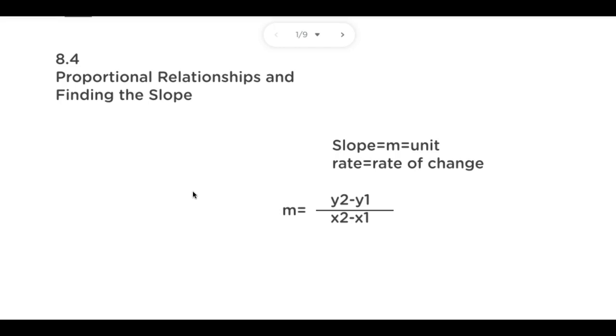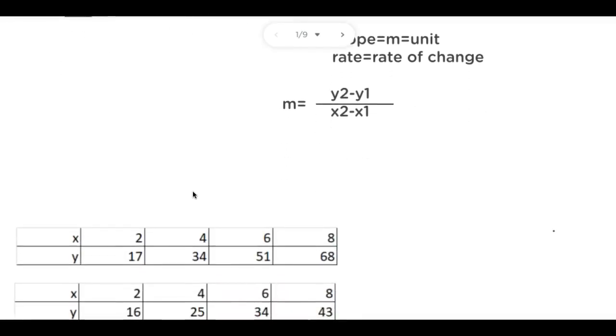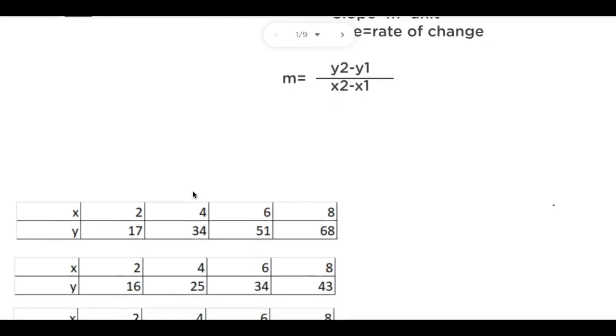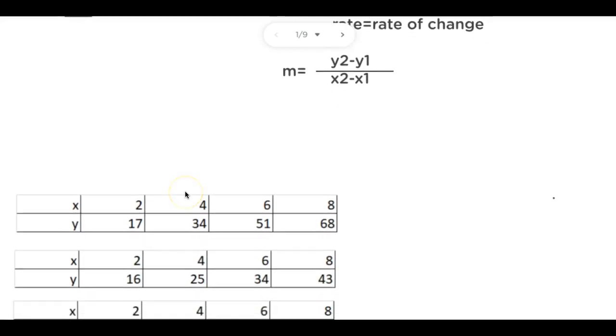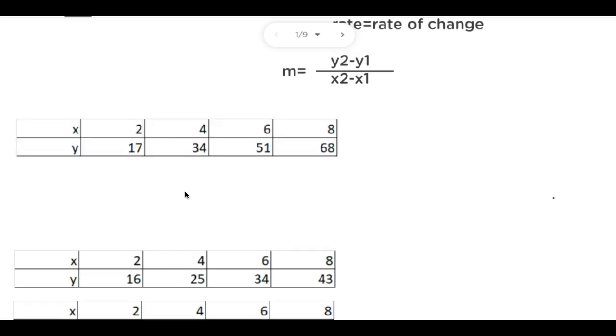This first table is the same table that we had in the previous example. Remember we did y over x, which was 17 over 2, 34 over 4, 51 over 6, and 68 over 8. All of those gave the exact same number, which was 8.5 when you did y over x.